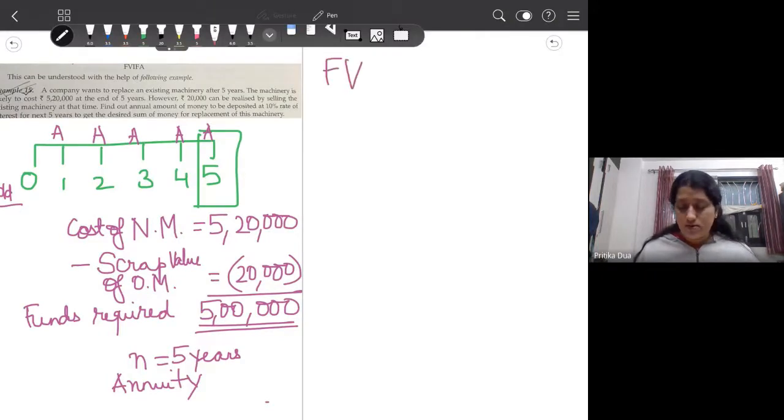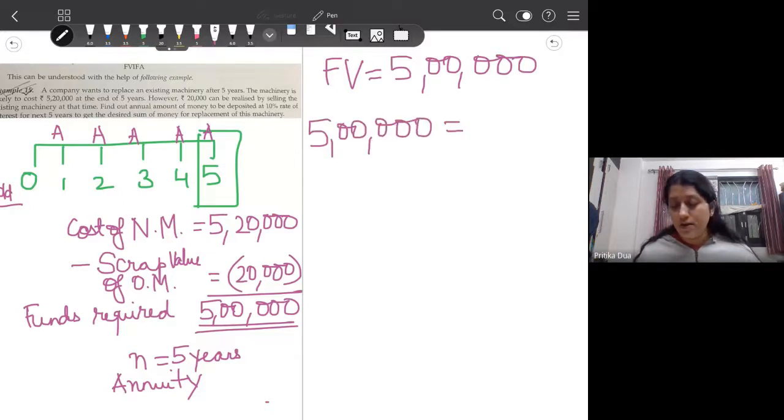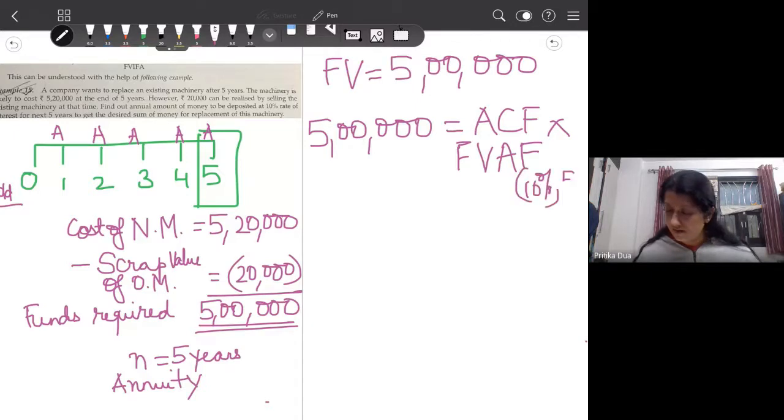Future value 5 lakh. So 5 lakh is equal to annual cash flow into FVAF, 10% for 5 years. Your annual cash flow, your annuity compounded will grow to 5 lakh rupees at the end of fifth year. So you can now solve it easily.